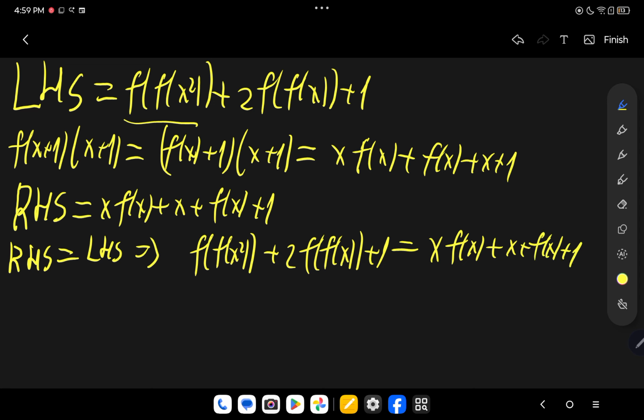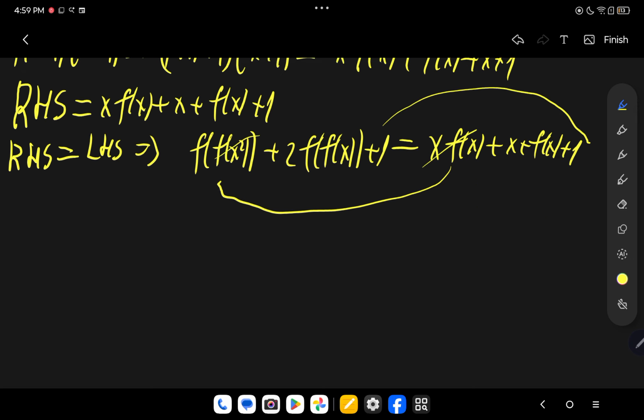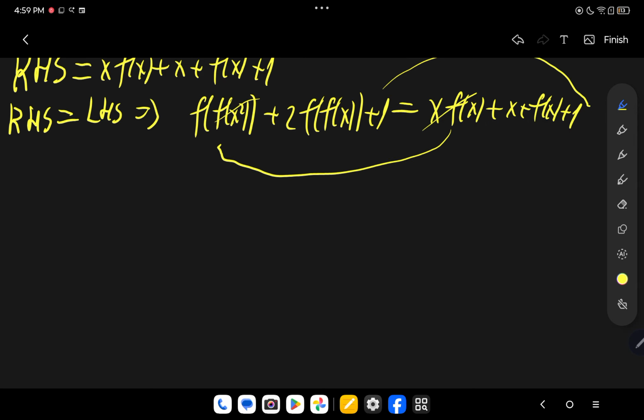We know that these two are the same, and 1 is equal to 1, so we will get 2f(f(x)) is equal to x plus f(x).